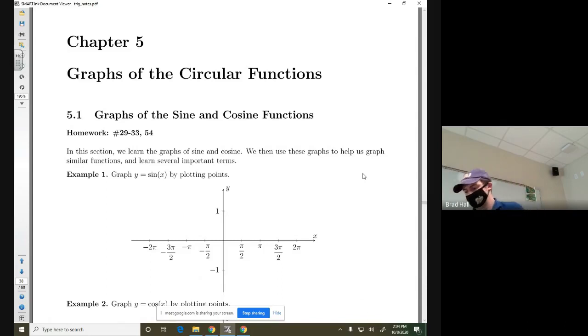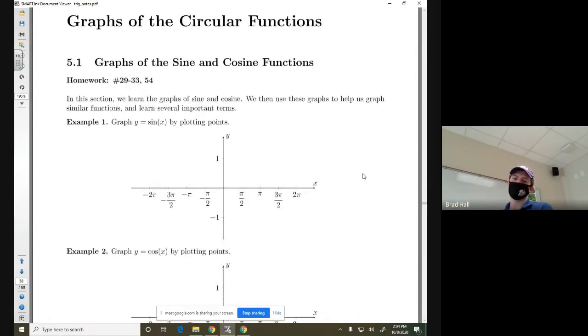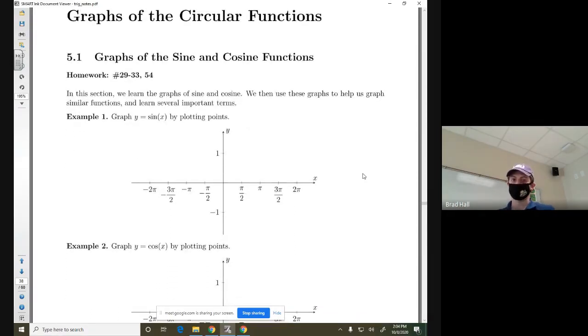And really, the best way to begin this discussion is by considering, well, let's start off with sine. What does sine look like, the graph of sine? And we're going to start off by just plotting some points on the sine function.